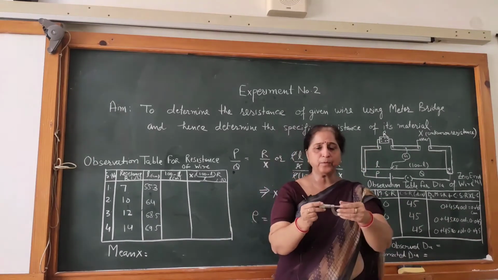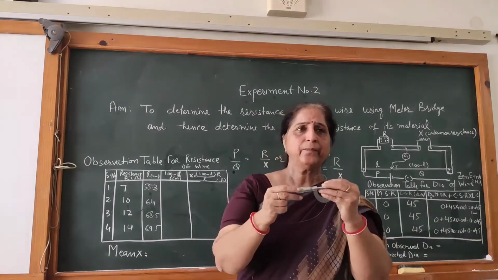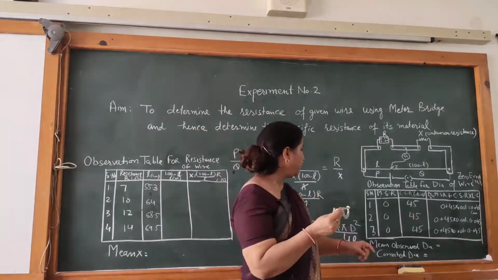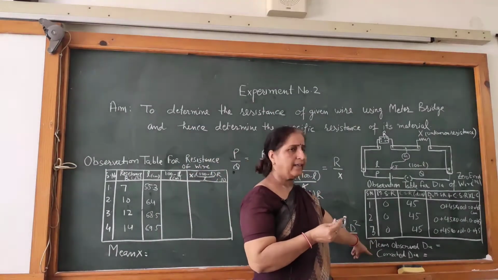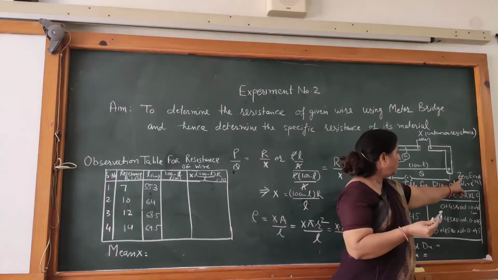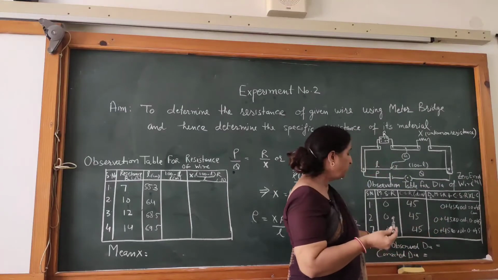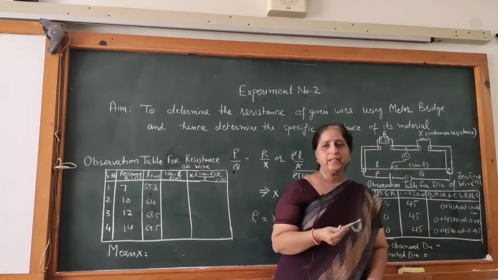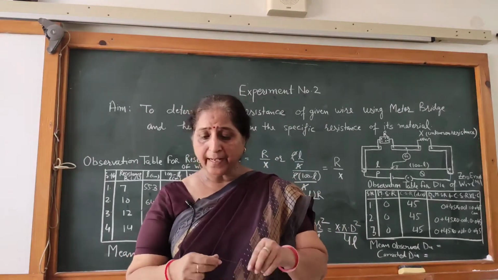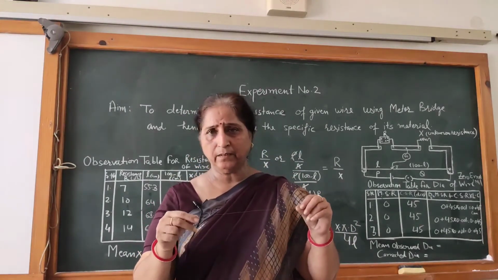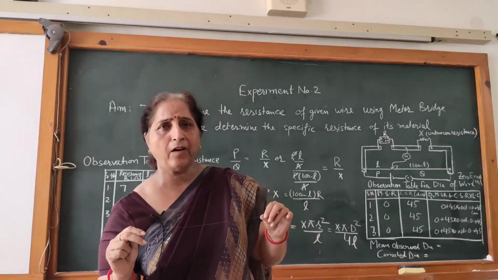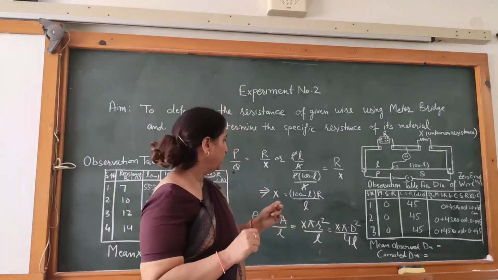Like this, at different positions when you fit the wire, the diameter will be known. Then you will calculate the mean observed diameter, and then the corrected diameter. Considering zero error is nil, whatever the mean observed diameter is, the same will be the corrected diameter. Whatever length of the wire you are using, that much length you will measure with the help of a scale.